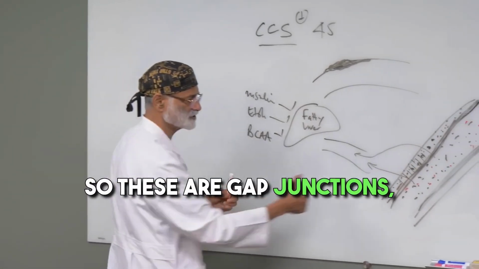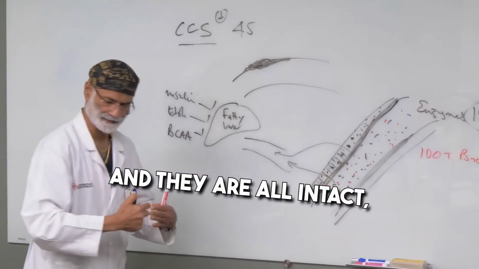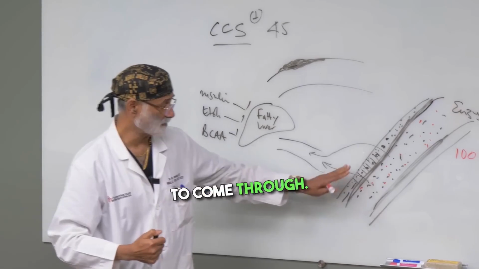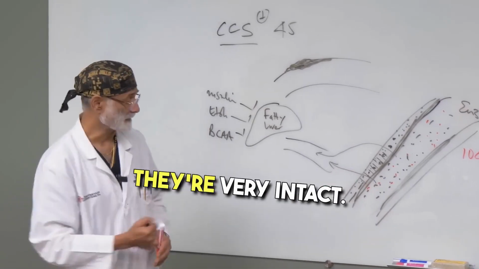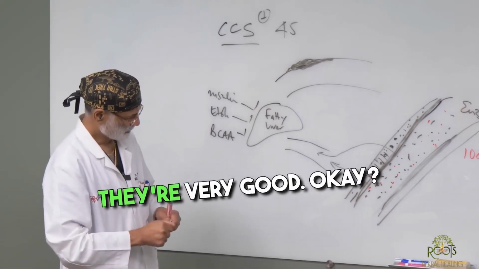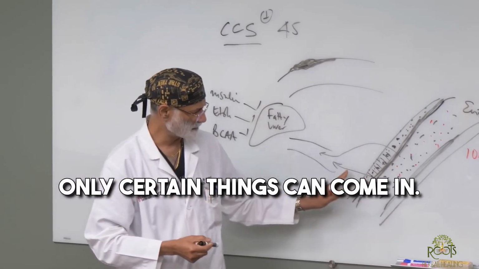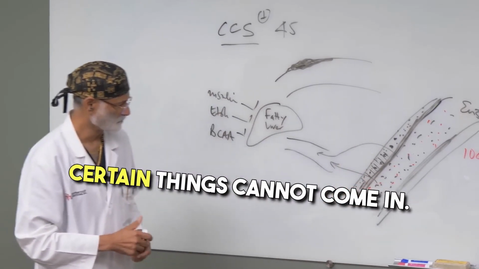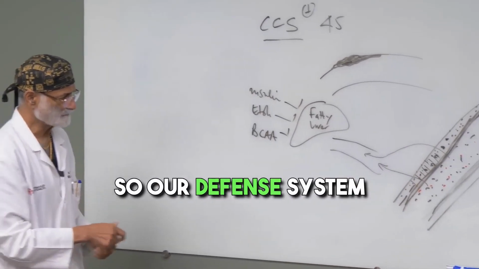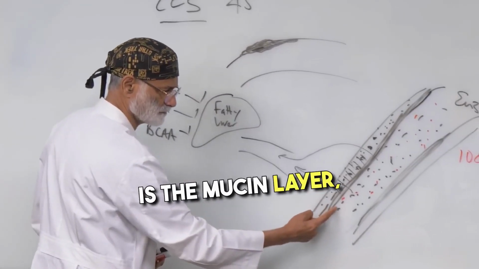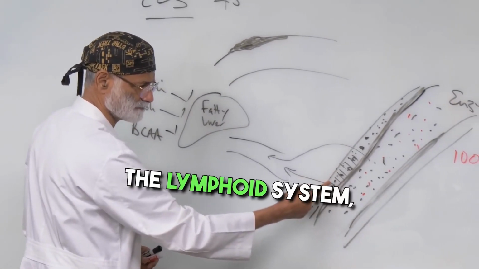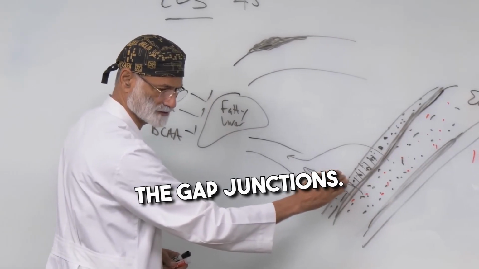So these are gap junctions, and they are all intact. So they don't allow stuff to come through. Only certain things can come in, certain things cannot. So our defense system is the mucin layer, the lymphoid system, the gap junctions.